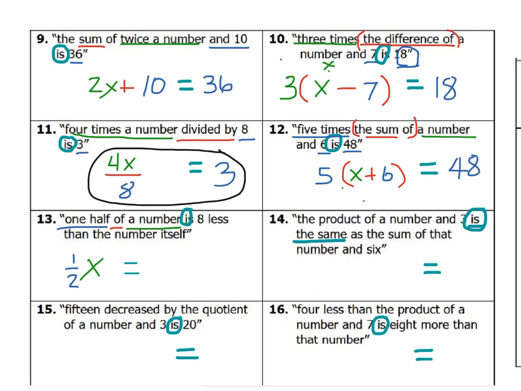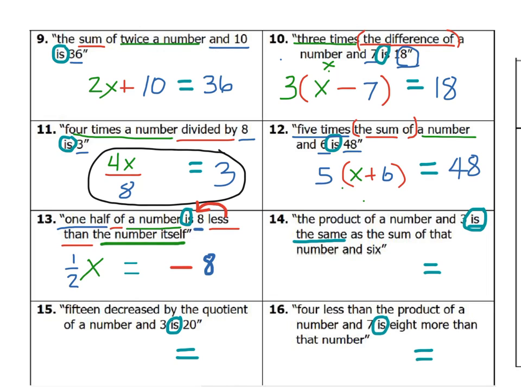1/2 x equals. And then I have 8 less than, and this is sort of on 2 different lines, so it does make it tricky to show, but this is a turnaround word. So I will have subtraction here, but the number 8 will go in the back. And then it says 8 less than the number itself.